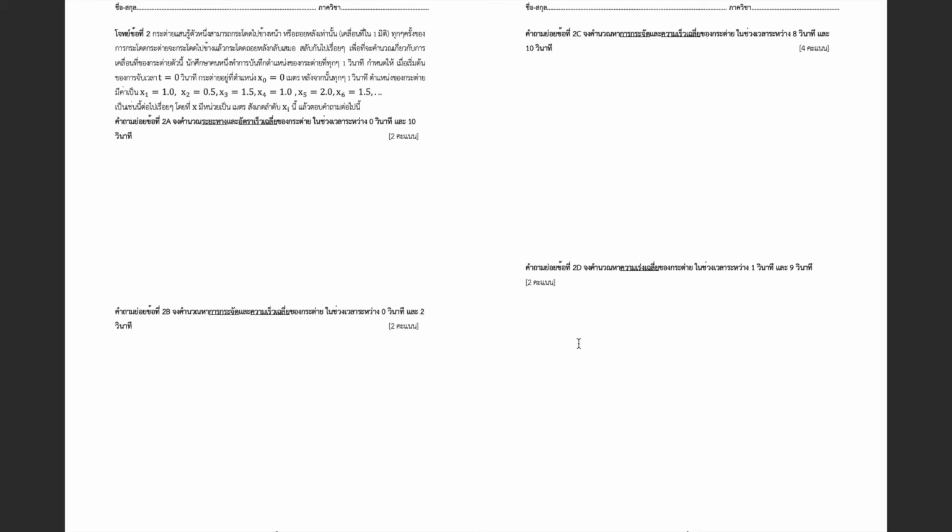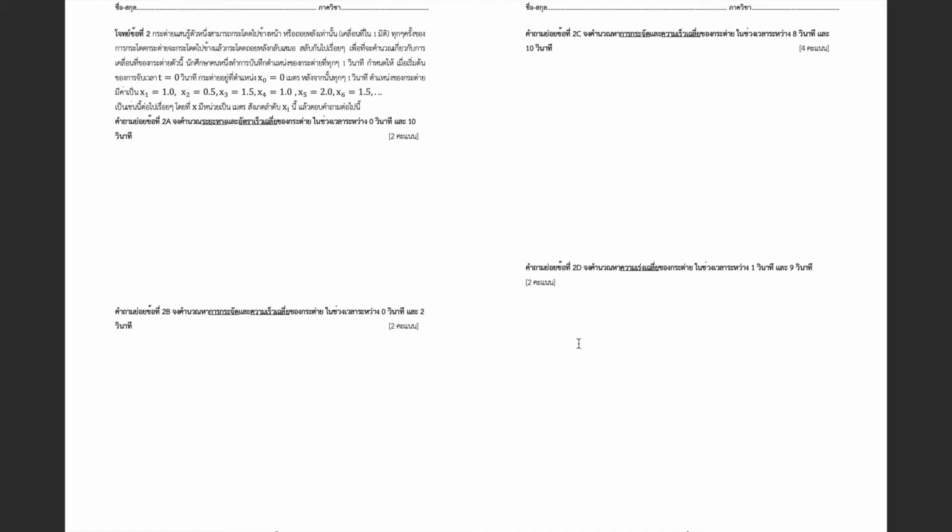So you can see the pattern: from x0 it started with 0, then plus 1 and minus 0.5, plus 1 and minus 0.5, plus 1 and minus 0.5 continuously.